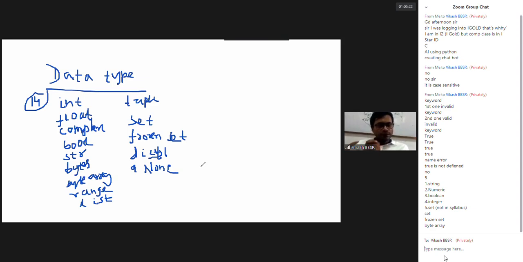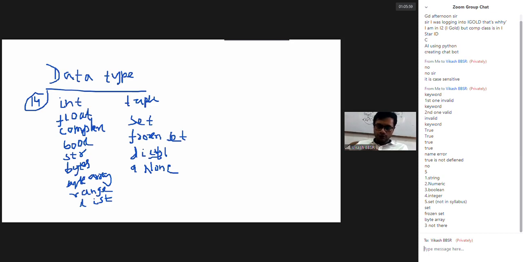So in your case, bytes are not there. Bytearray is also not there. Range is there, list is there, tuple is there, set is not there, frozenset is not there. Dictionary is there, and None is there. Whenever you do a print operation, None will be there. So these are the data types, but there can be a question on each data type.